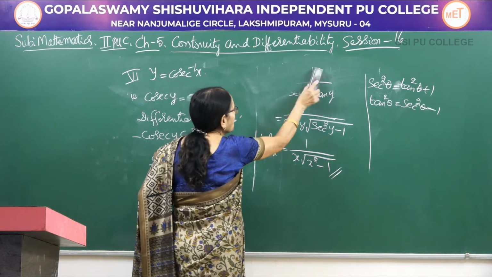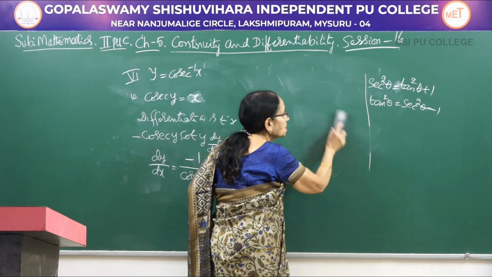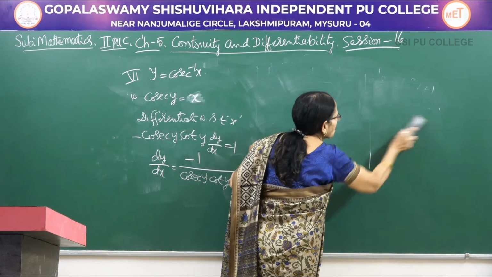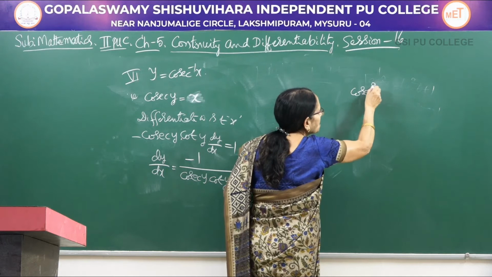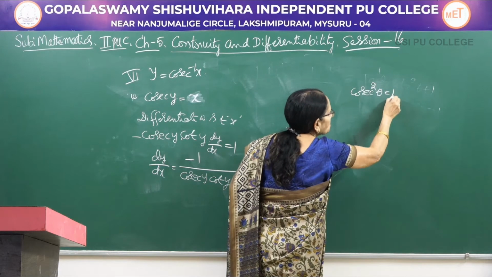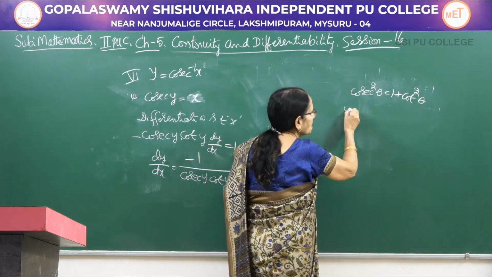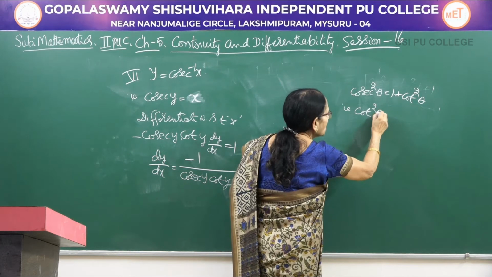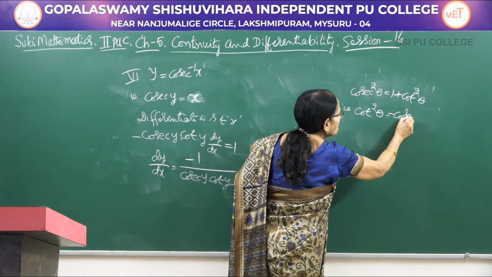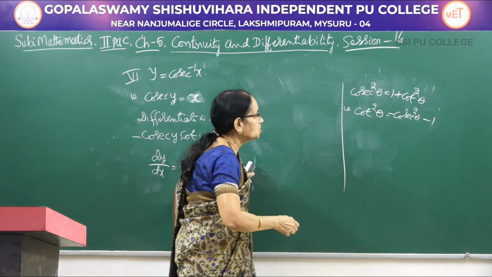Now, here again we are using the third identity which connects cosecant theta and cot theta. The third identity says cosecant square theta is equal to 1 plus cot square theta. That is, cot square theta can be written as cosecant square theta minus 1. Okay, I am using this one.